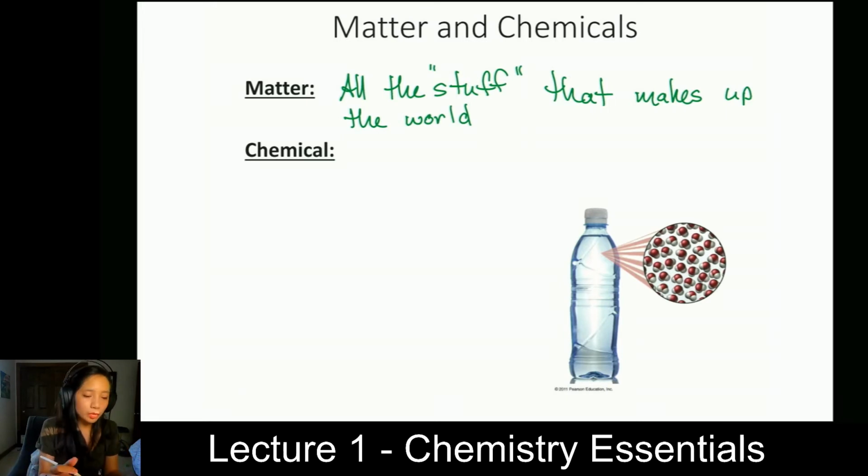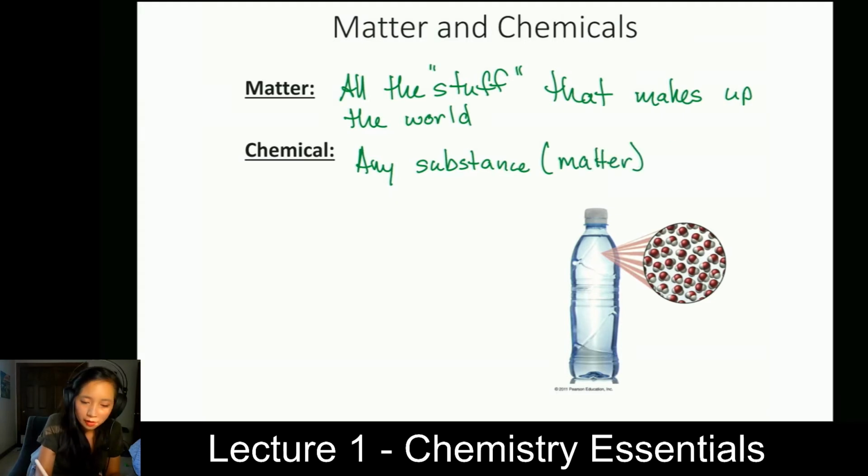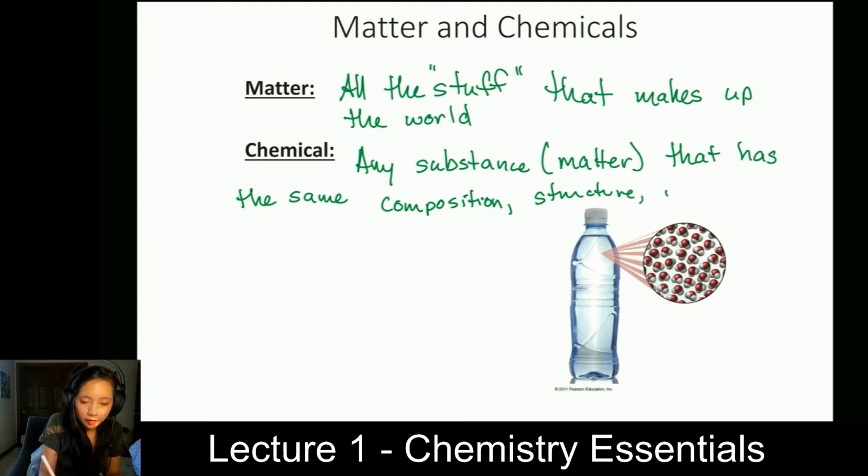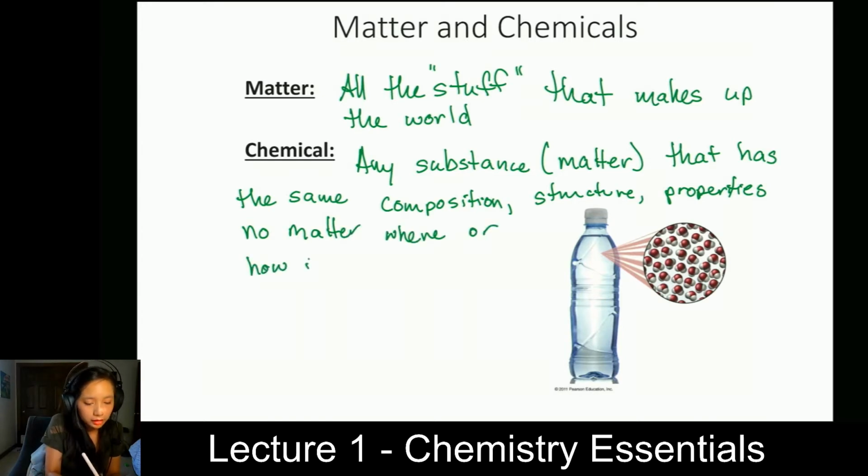And then let's also define chemical while we're at it. A chemical is just any substance or matter that has the same composition, structure, and properties no matter where or how it is found.